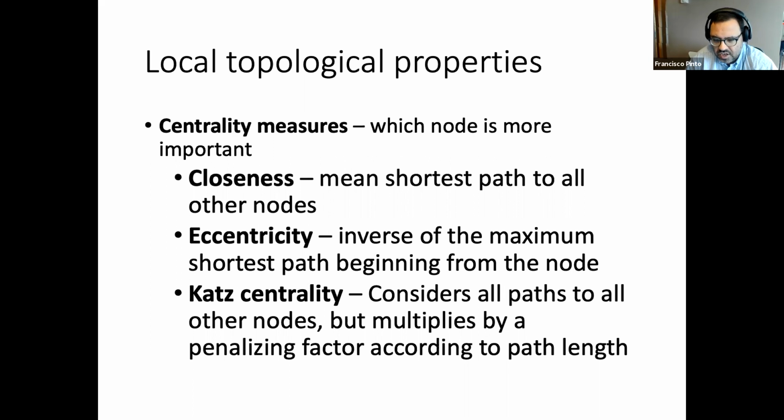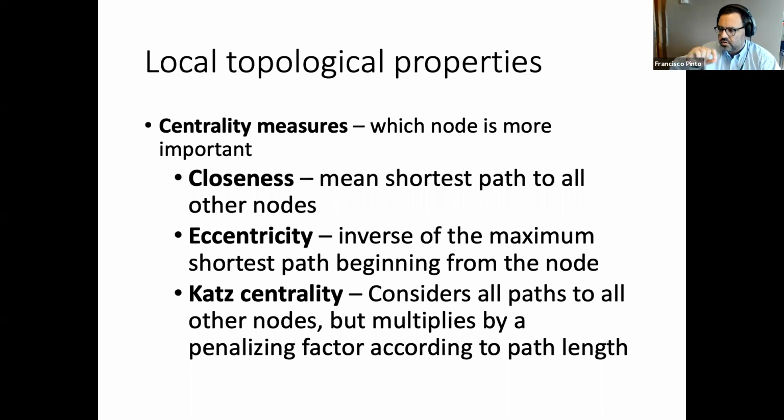And the Katz centrality gives importance to the distances, but it's like I'm not only... let me think of an example. So a node has very short connections with other nodes. So it has a high closeness.